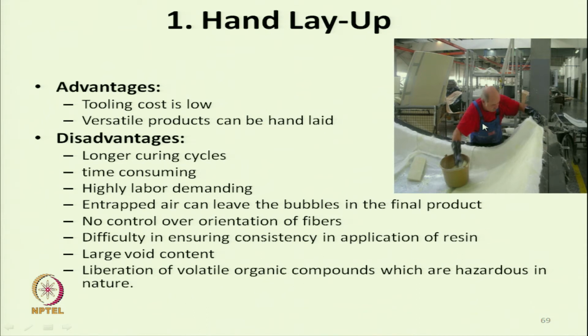Most important, it is not covered, so there is liberation of volatile organic compounds which may be harmful for human health. But the advantage is that it is a simple process.